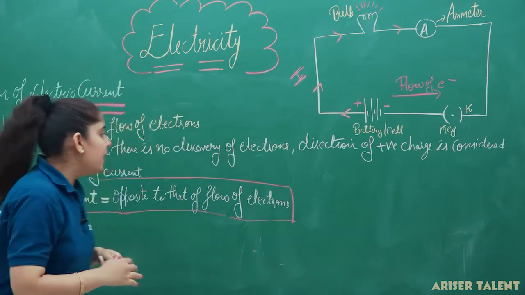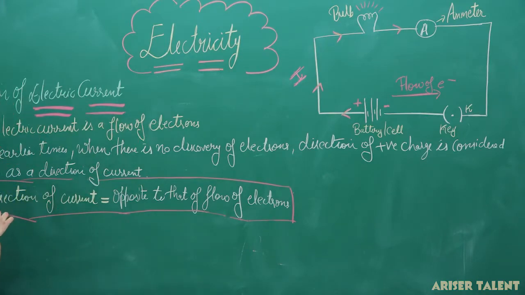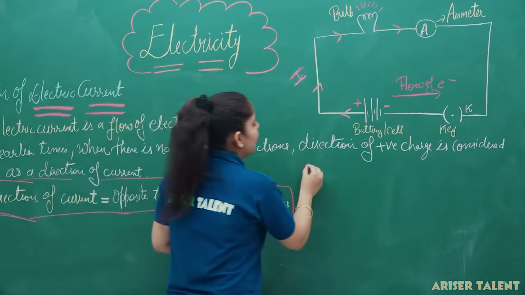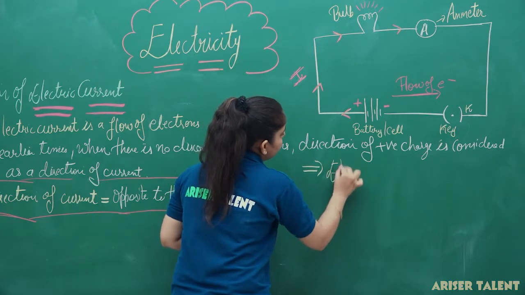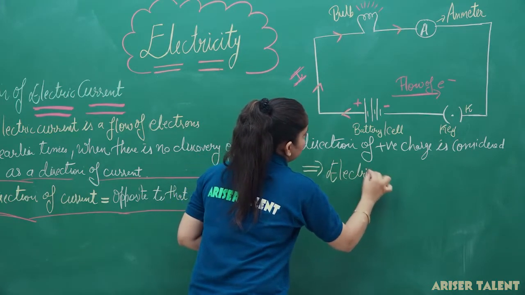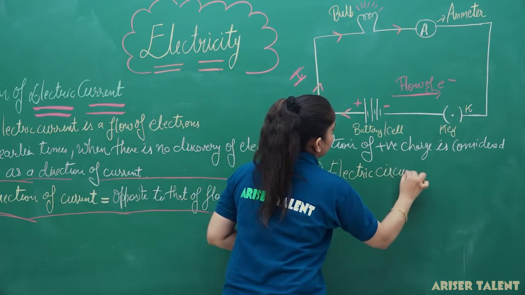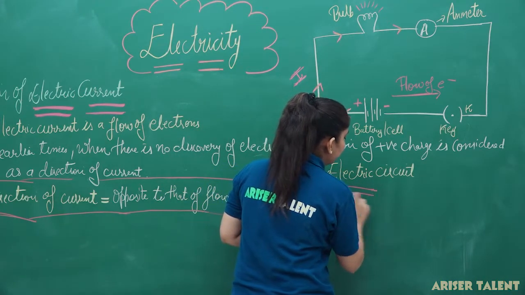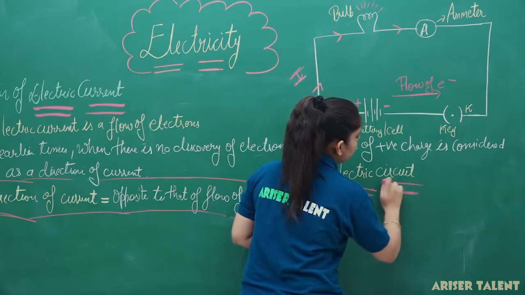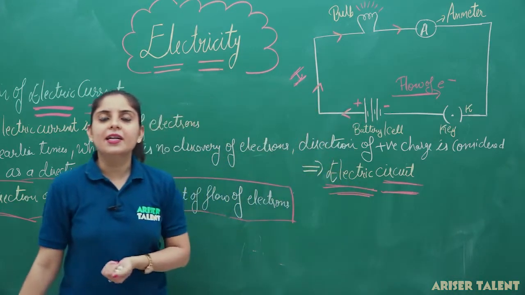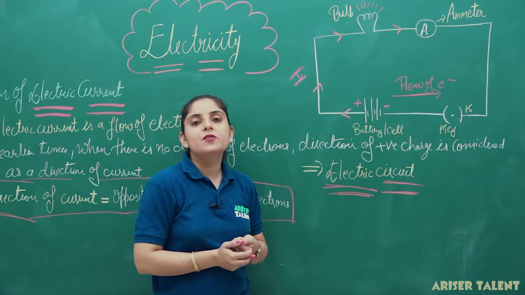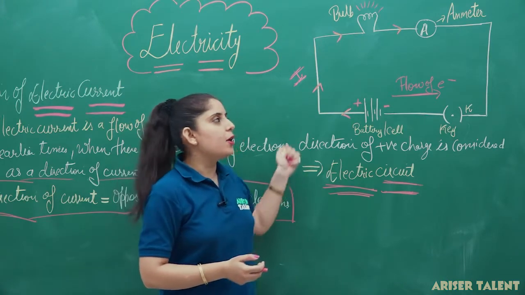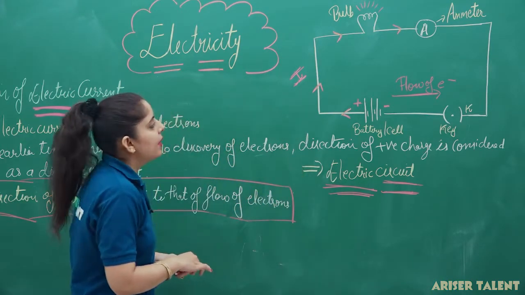So what will be the definition of electric circuit now we have? So our new term is about electric circuit. अब electric circuit क्या होता है? Electric circuit is basically a circuit which is showing a continuous flow of charges in a particular order, so without breaking.